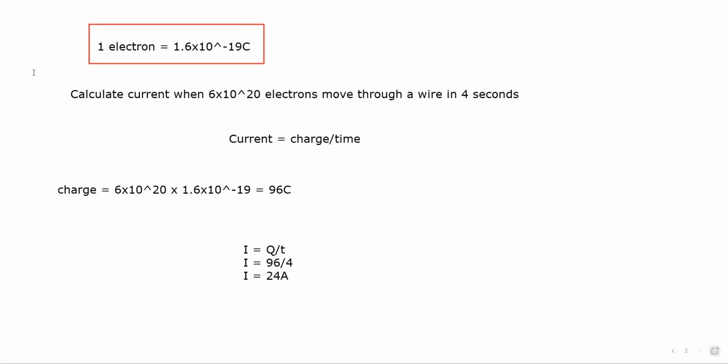Solve another example. Calculate the current when 30 times 10 to the power 24 electrons move through a wire in 4 milliseconds.